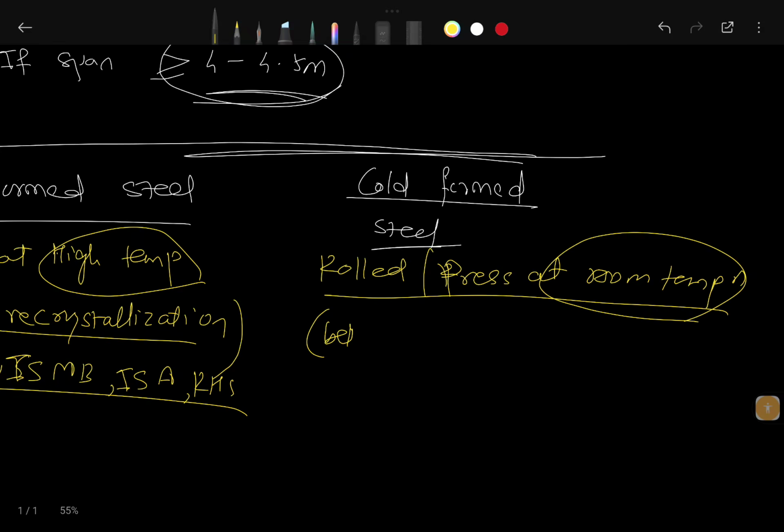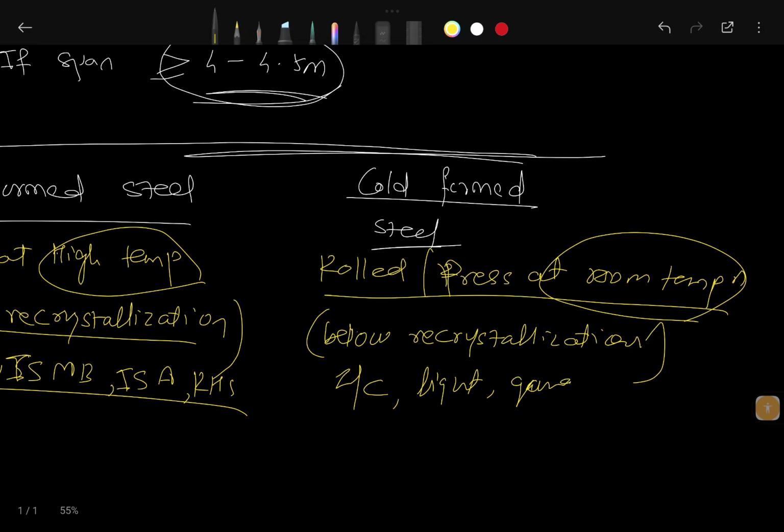It's below recrystallization. Like Z or C purlin, we use this light gauge channel.